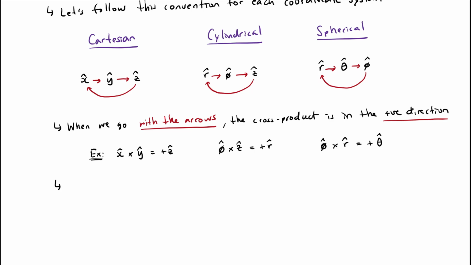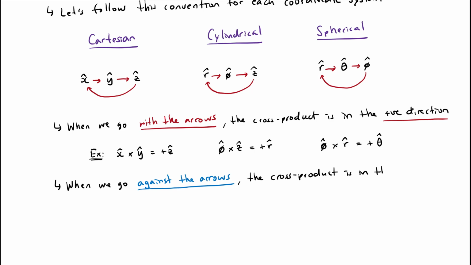So then we have to do the opposite. When we go against the arrows, the cross product is in the negative direction.